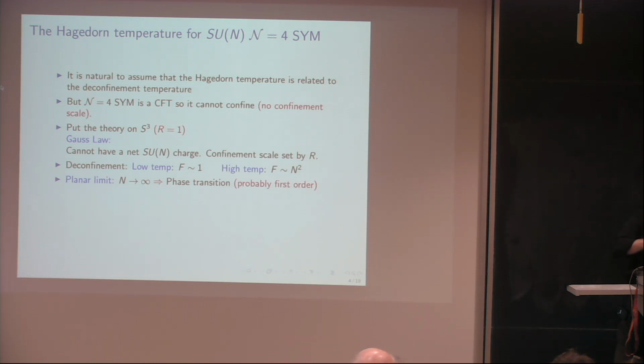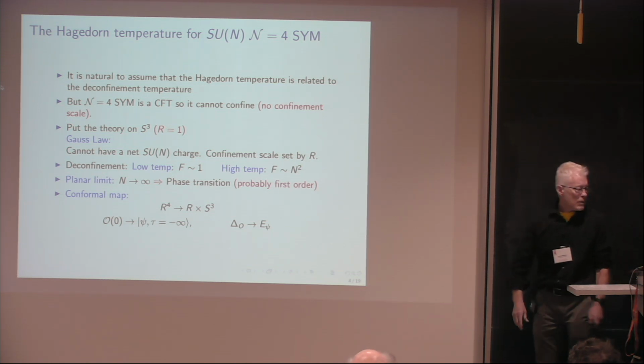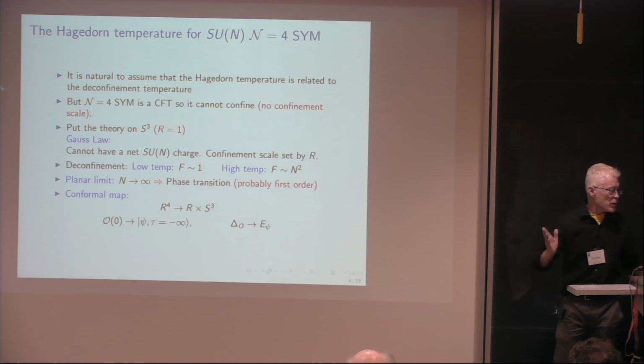So it's just an inequality. Unless it were a second order phase transition, but it's almost certainly not, although I don't believe there's an absolute proof for that. For SU(2), it's second order, but I'm looking at large N.